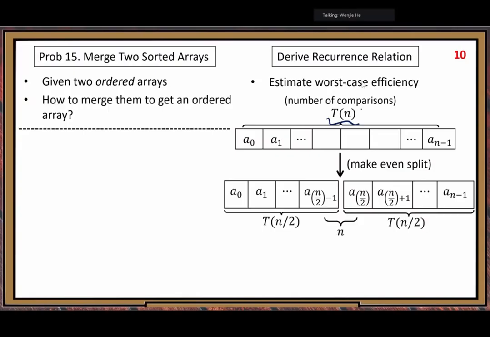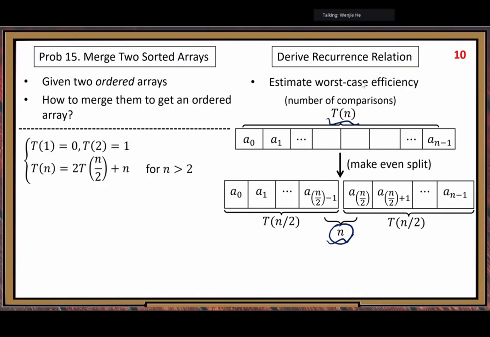When we do the merge and comparisons, there is another approximation, because you may argue it is n minus 1, the total number of elements minus 1. That's the exact formula, but we make it as simple as possible, so we use n as a simple approximation.